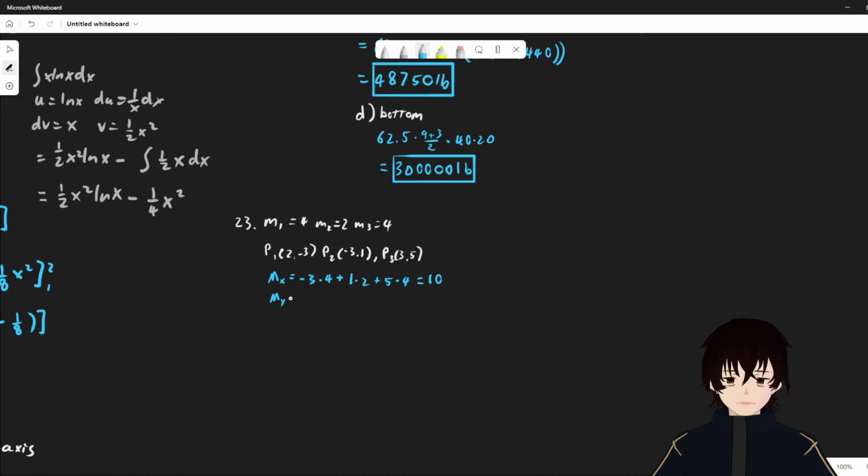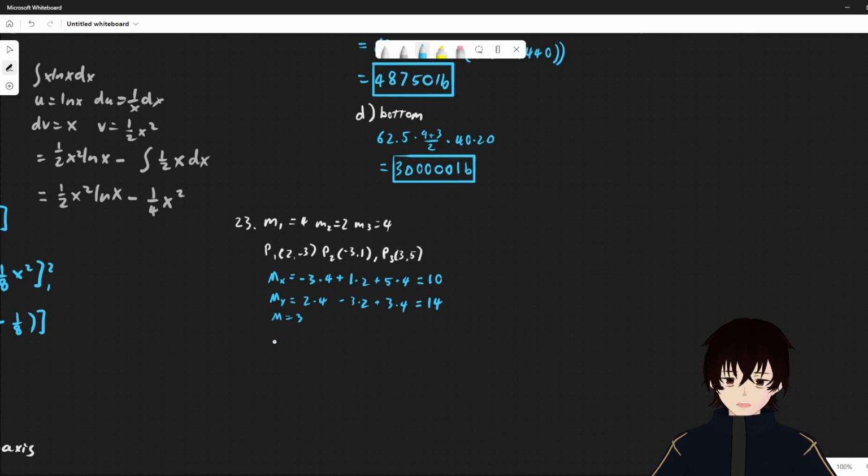And y is equal to 2 times 4 plus or minus 3 times 2 plus 3 times 4, which is equal to 14.